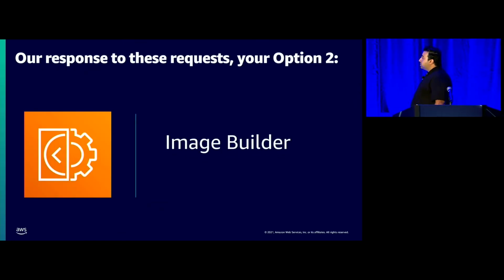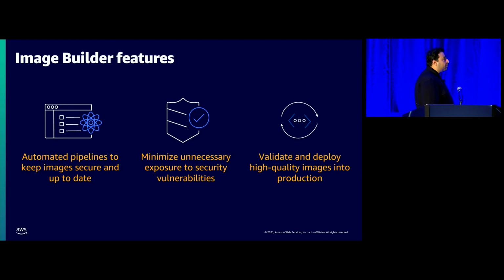And our answer to that is Image Builder. It's an offering that has the CI/CD mentality that you usually see when it comes to deploying software, but we put that into the infrastructure deployment and maintenance context.